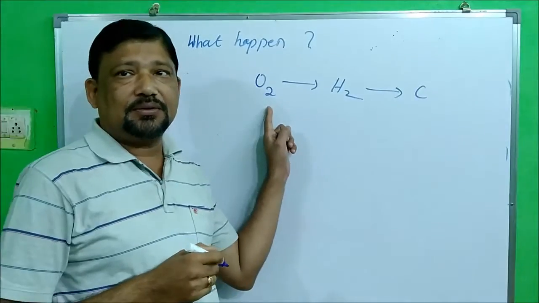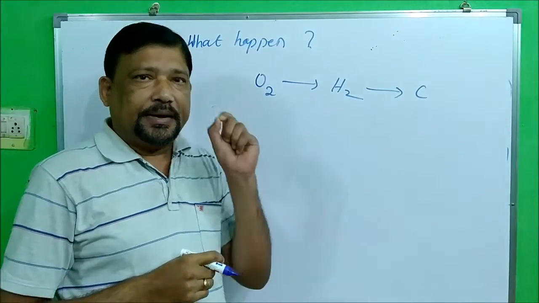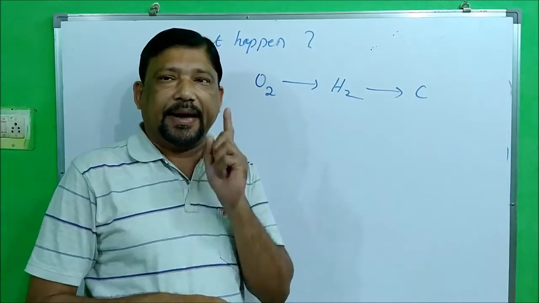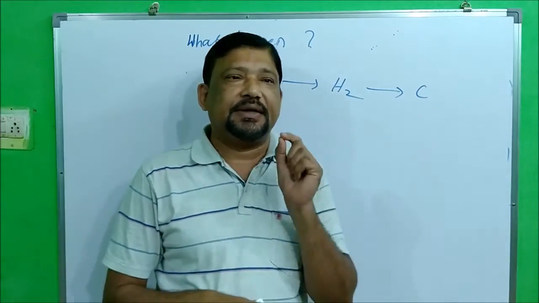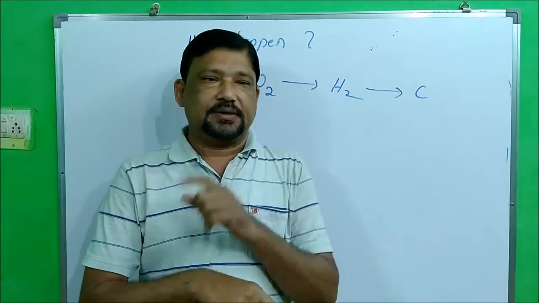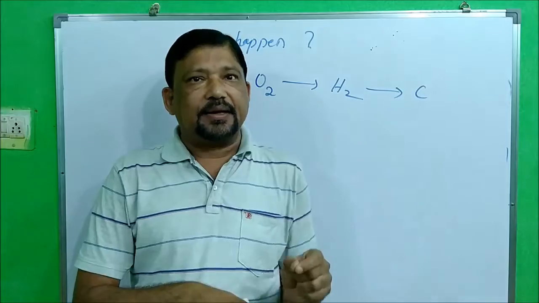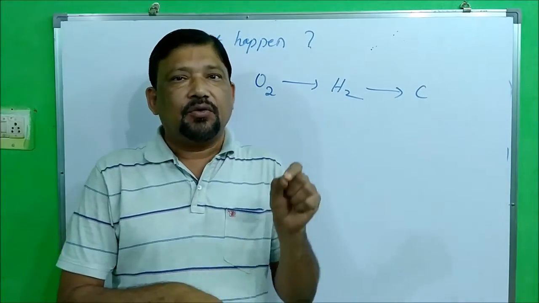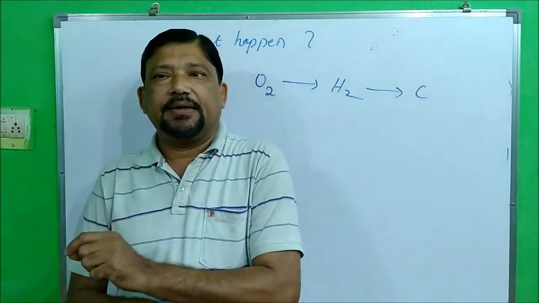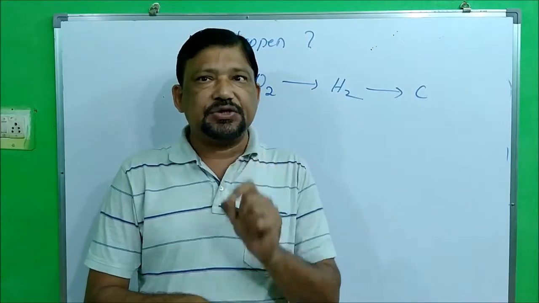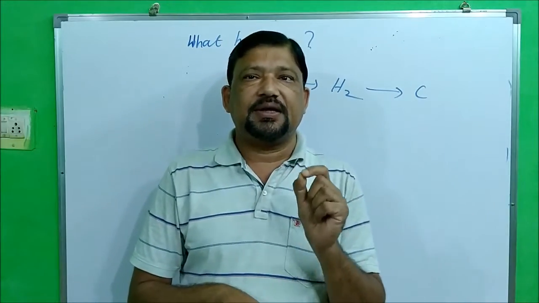Is this going on? No. Just note it down. Atoms do not disappear in the reaction. Atoms cannot change from one type of atom to another type of atom. They retain their own originality.